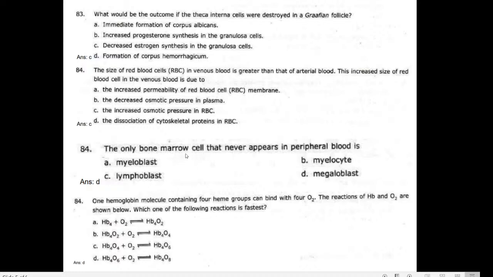The only bone marrow cells that appear in the peripheral blood is the only bone marrow cell. We all know bone marrow cells are very important.